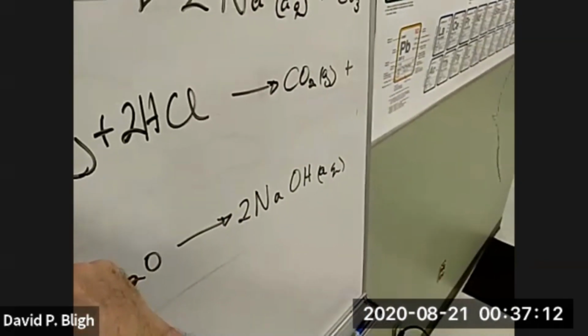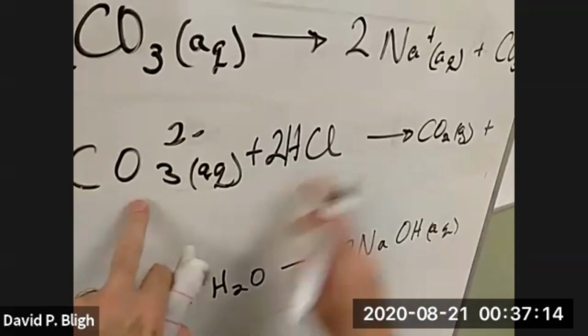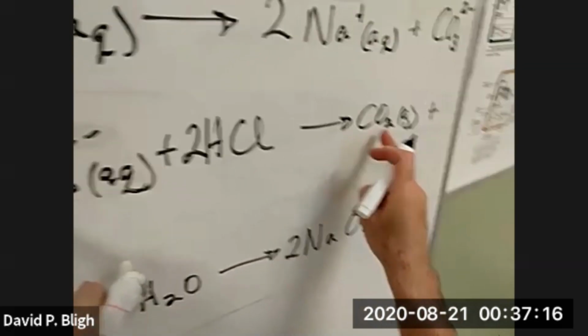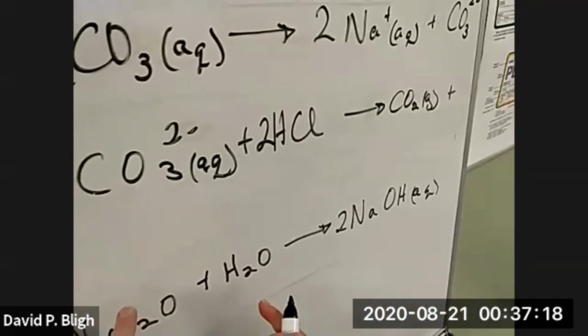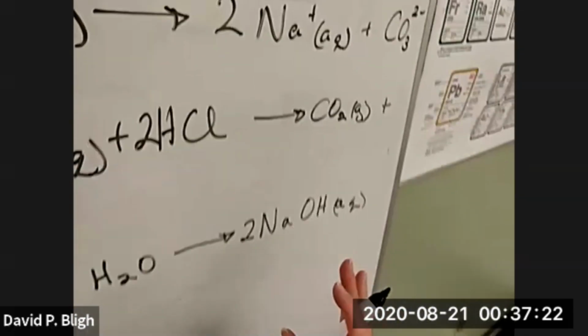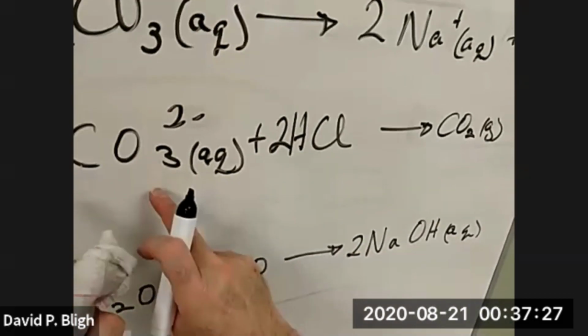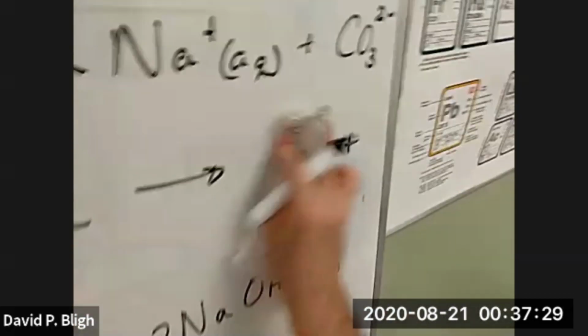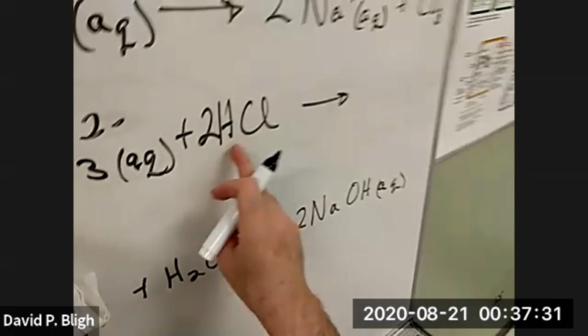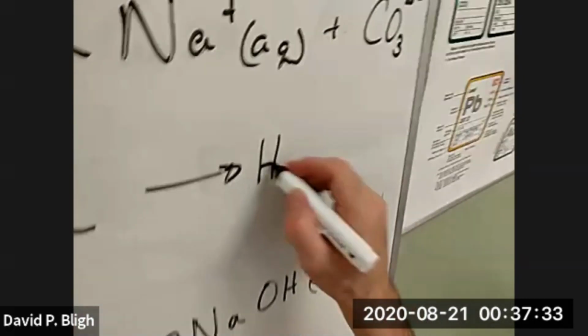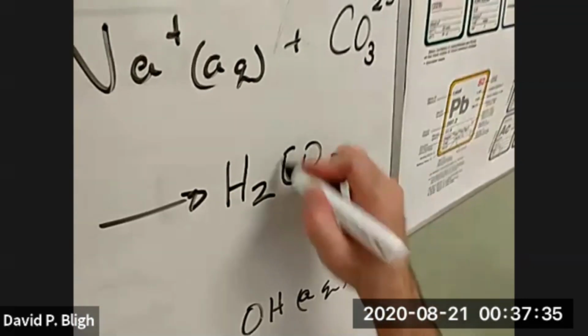Let's see. One carbon. We need 3 oxygens over here. So I guess we do need a hydrogen. But this is an unbalanced equation. And what you get is when you react that hydrogen with this, here, this is better. When you react that hydrogen with it, you get carbonic acid, lots of it.